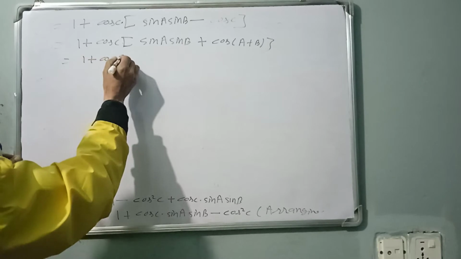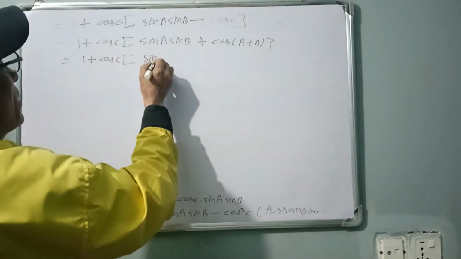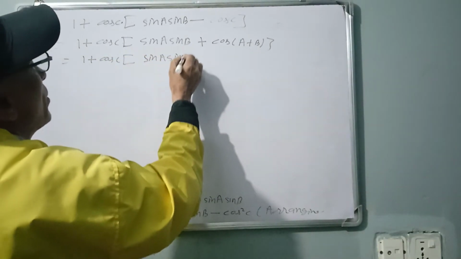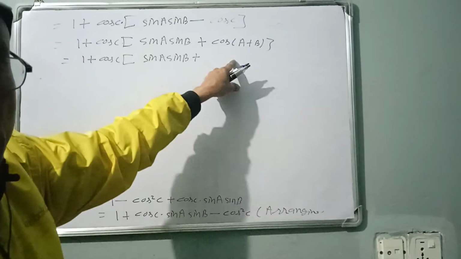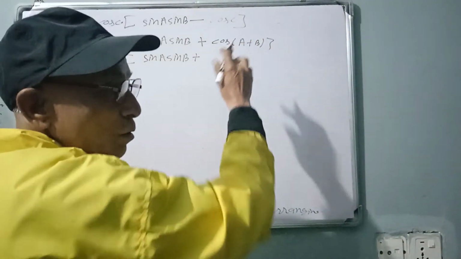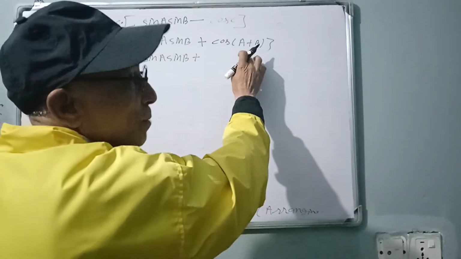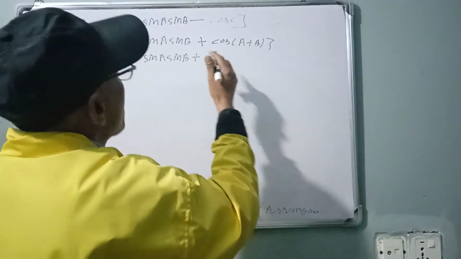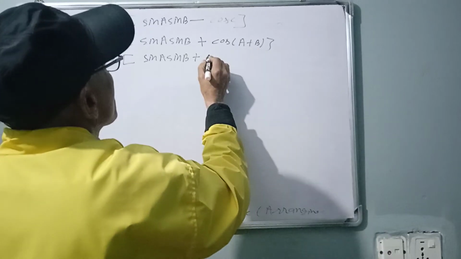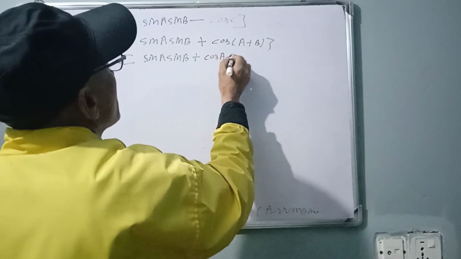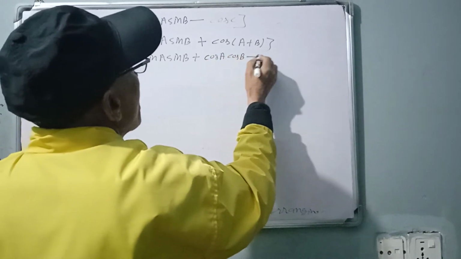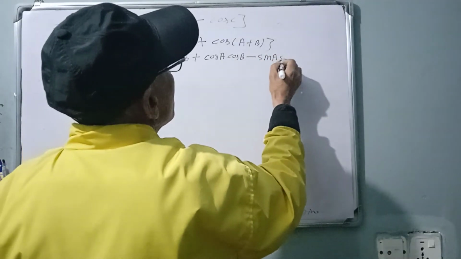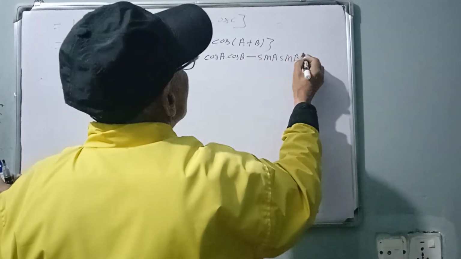Cos C equals sin A sin B plus cos A plus B. What is the formula of cos A plus B? It is the opposite of cos: cos A cos B minus sin A sin B. When plus, minus; when minus, plus. Cos A plus B is cos A cos B minus sin A sin B.